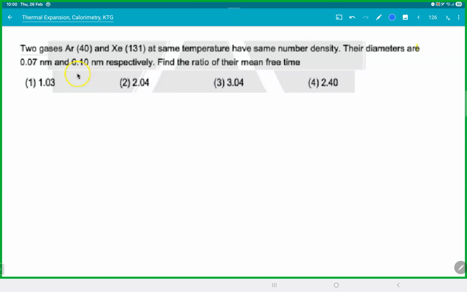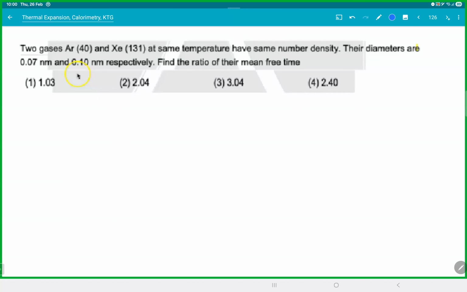Okay, let's see. Option C, option A, option B. What do you guys think? Let's see.